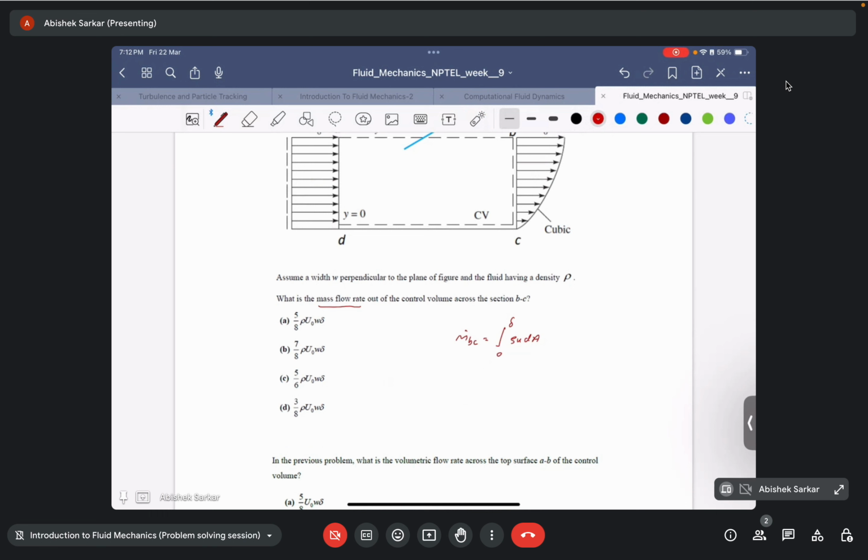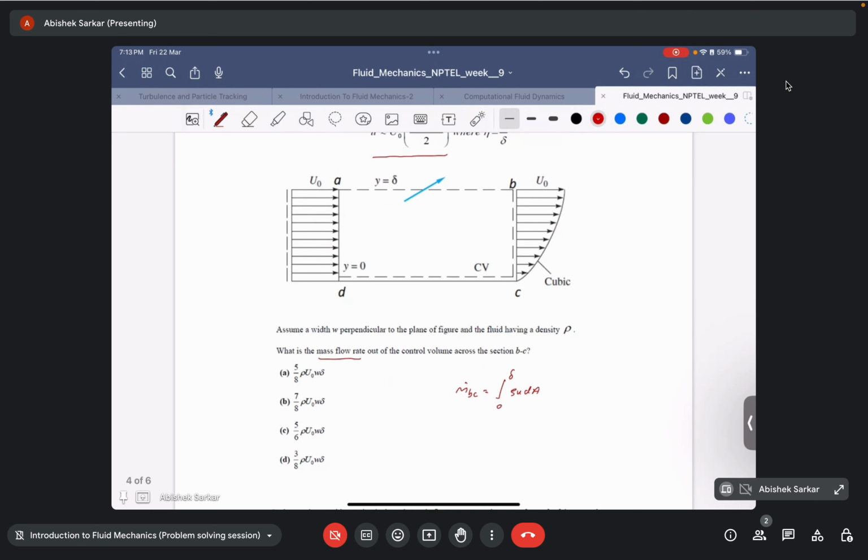And why the integral? Because the velocity profile is changing from 0 to u0 along the axis perpendicular to the flat surface of the plate. Once you do this, substitute the value of U here.